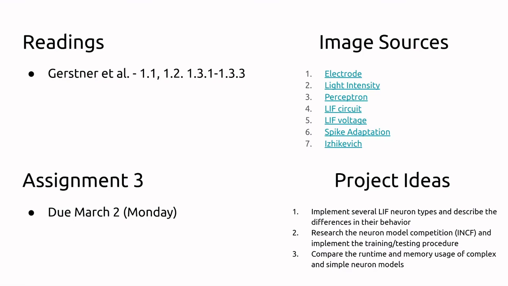So, readings, as given, are from Gerstner. As for project ideas for this lecture, you could implement different kinds of neuron models and describe the differences in their behavior, subject to different kinds of inputs. You could research the neuron model competition and implement the training or testing procedure, or you could compare the runtime and memory usage of complex and simple neuron models.